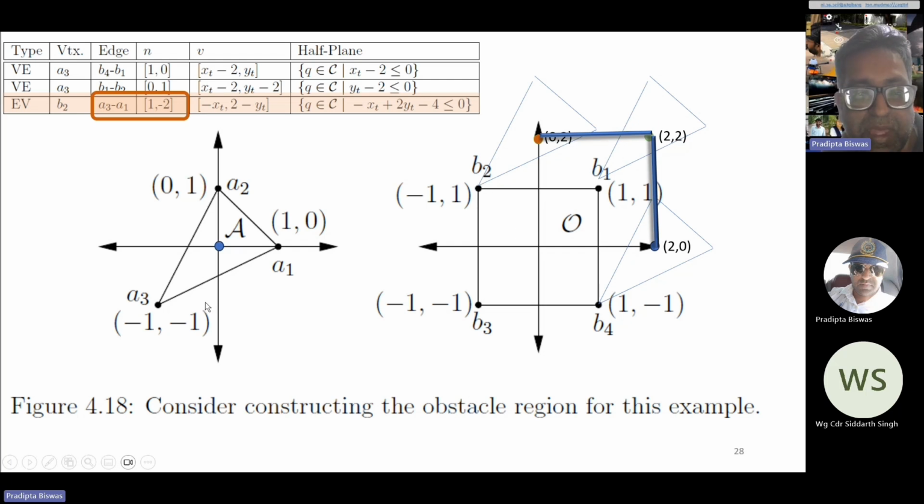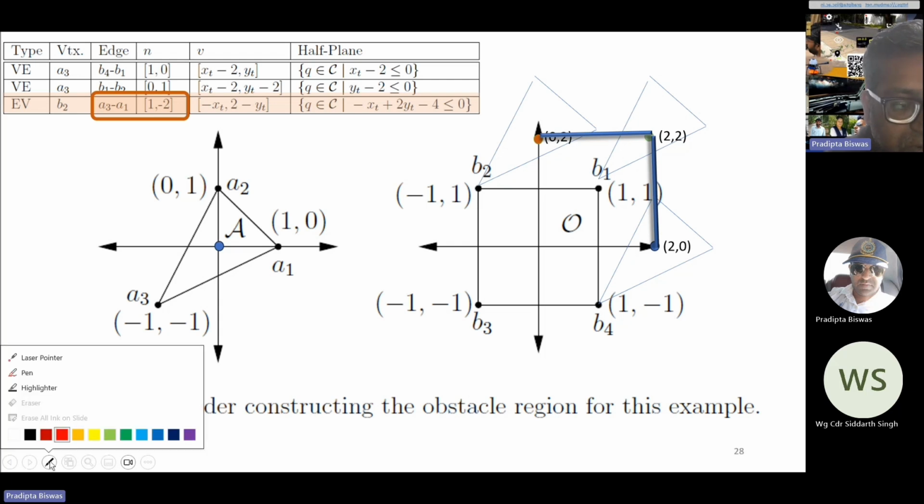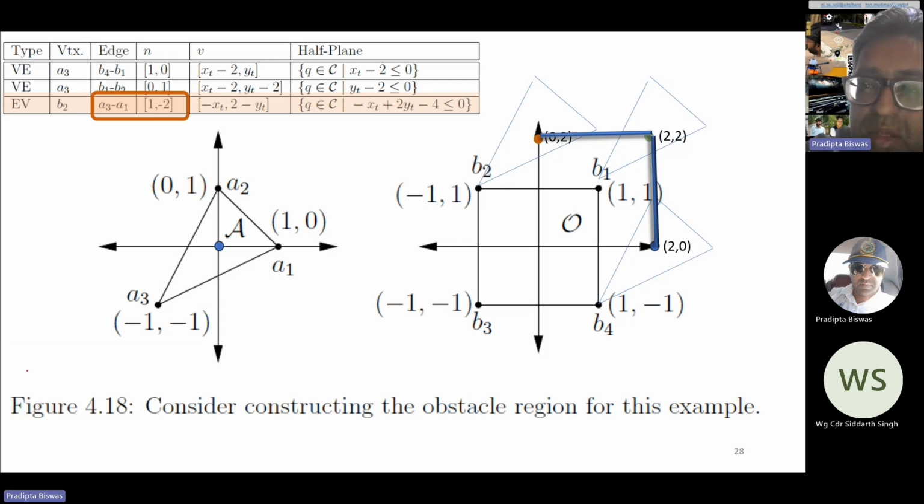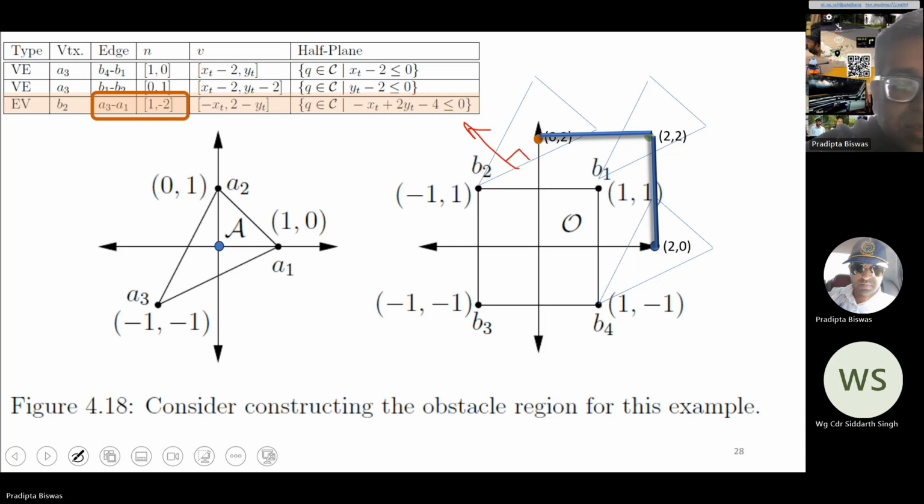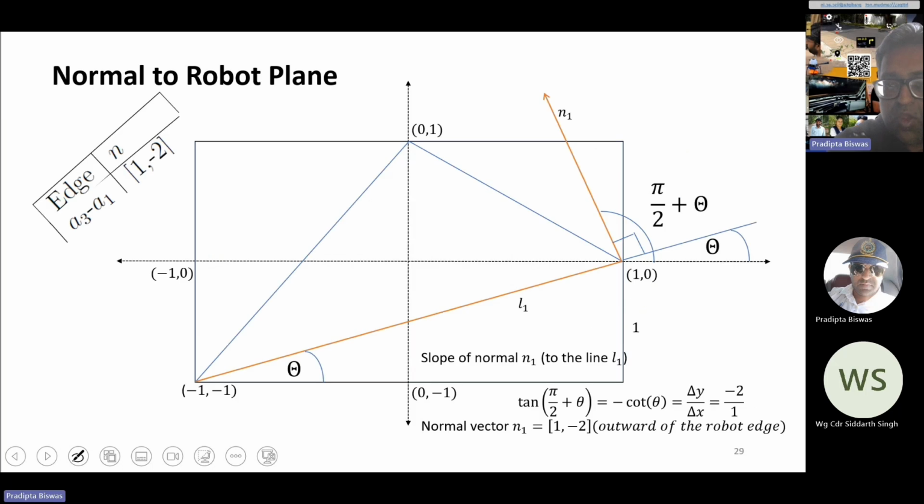But now the normal will be inward facing. So the direction of the normal will be this way, normal to this line, A1, A3 line, because the robot will now drag across this way.